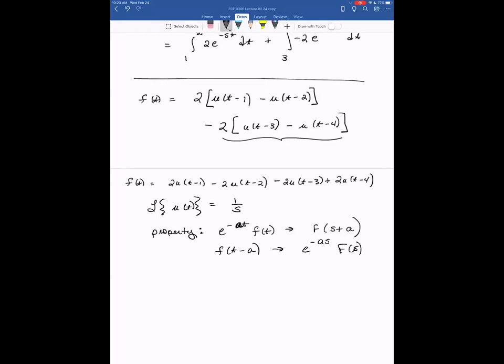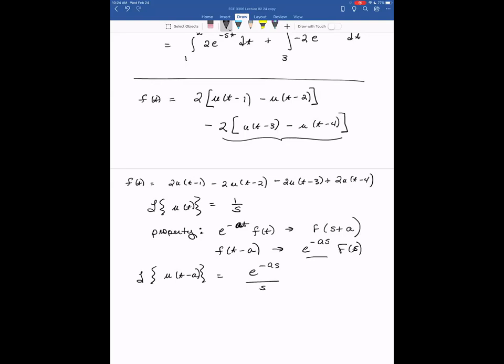And both of these are important, whether we have multiplication by an exponent in the time domain or a time shift that ends up being multiplication by an exponent in the frequency domain. So the bottom line then is if you have the Laplace transform of u of t minus a, that goes to e to the minus as over s.